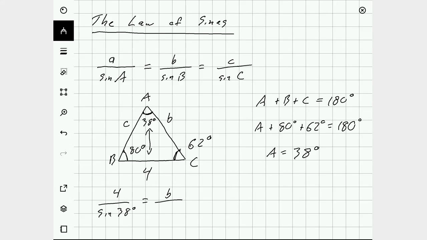Little b over the sine of angle B, which is 80 degrees. I don't quite have enough space to work down the page solving this, but I can multiply both sides of this equation by sine of 80 degrees to get that little b is 4 over the sine of 38 times the sine of 80, and making sure that your calculator is in degree mode because all of these angles are given in degrees.